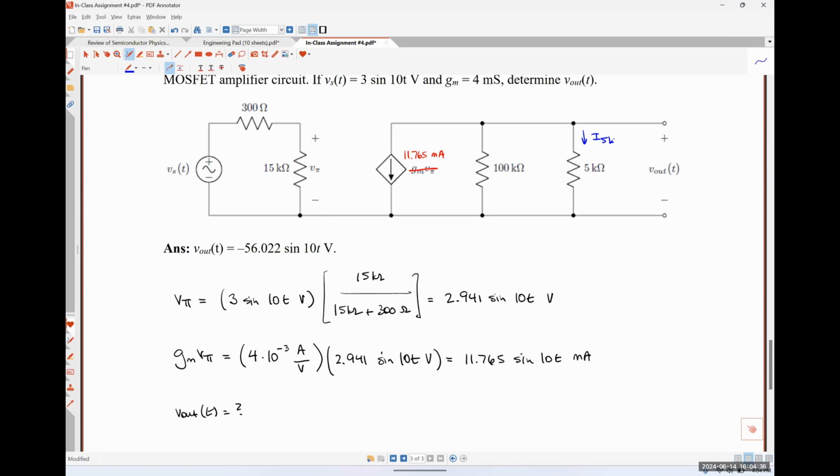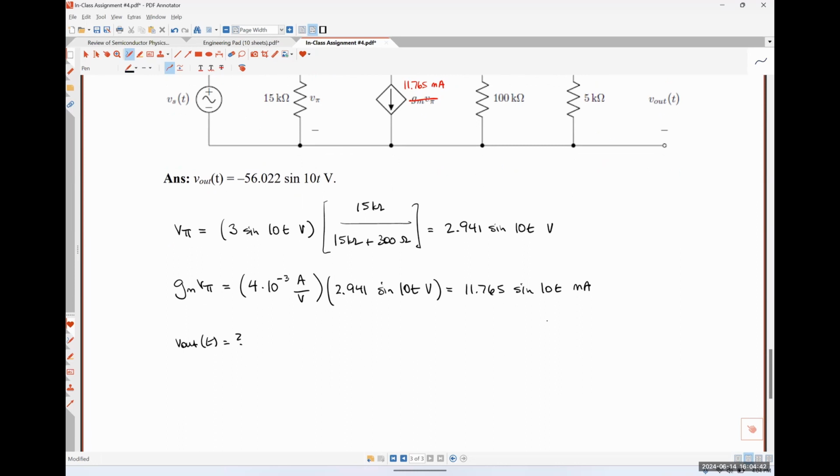It's adding more steps as opposed to taking them away. So I would go with the route that V out is just going to be our current Gm V pi times the parallel combination of 100 kilo ohms and 5 kilo ohms.